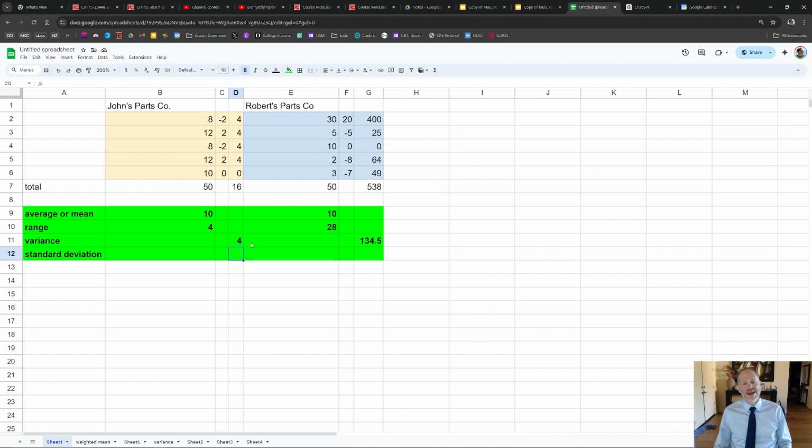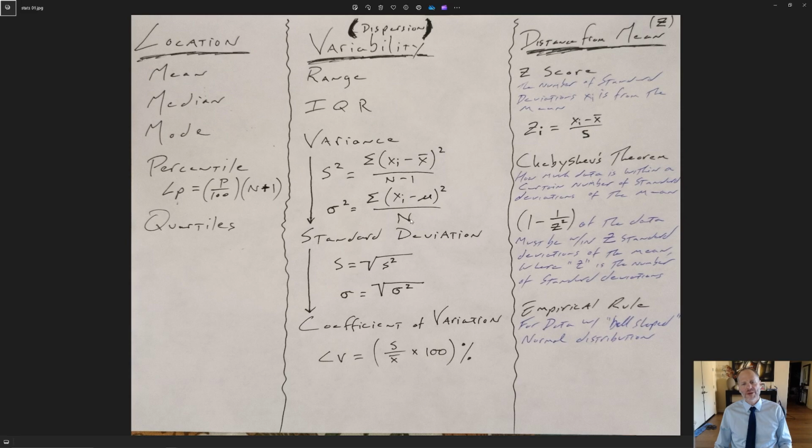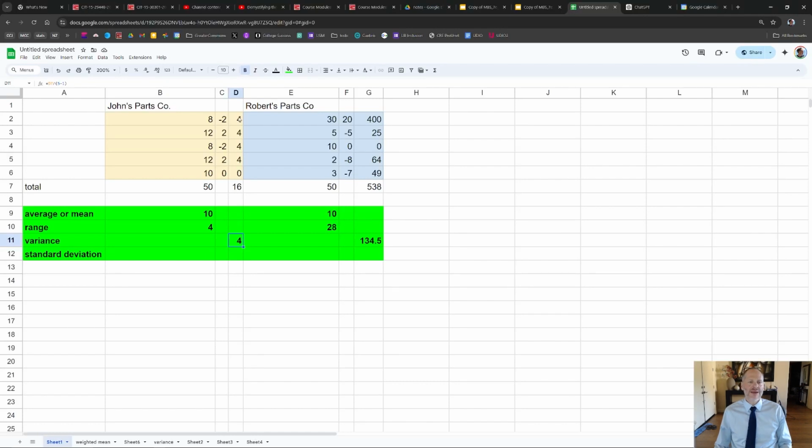So here we have all of our data, the difference between the data point and the mean. We got -2, then we squared it, and then we divided by a number. For a sample it's n-1, and for a population, it's n. But we're dealing with a number that came from squaring the difference between the data point and the mean.